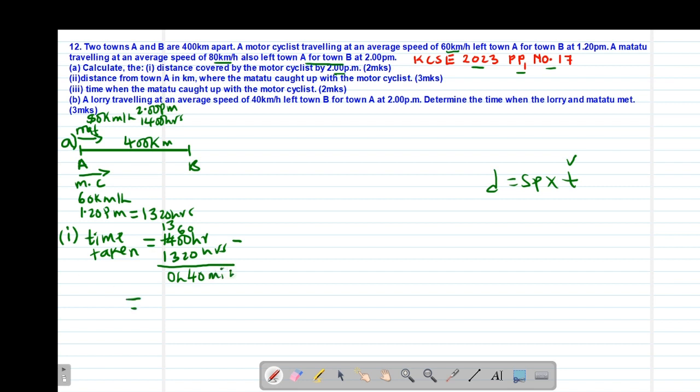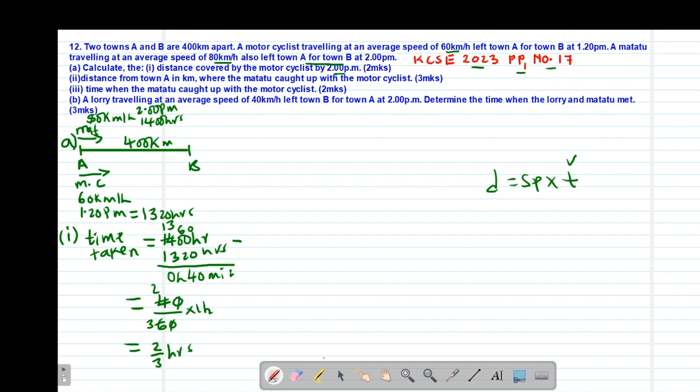Therefore, the time taken will actually be 40 minutes. If I convert the 40 minutes into hours, I'm going to divide through by 60, then multiplied by 1 hour. The 0 and 0 will cancel out. 2 into 4, 2 times, 2 into 6, that is 3 times. Therefore, it will be 2/3 hours.